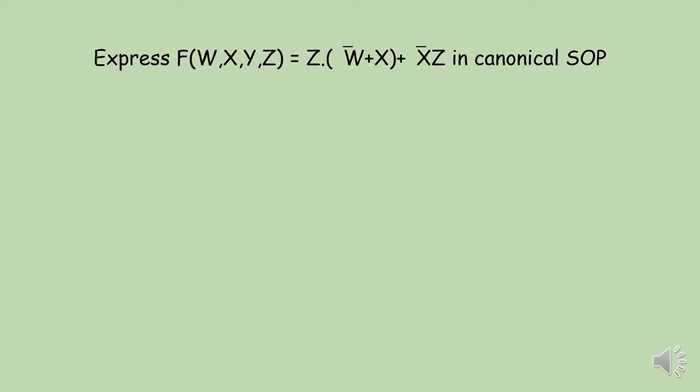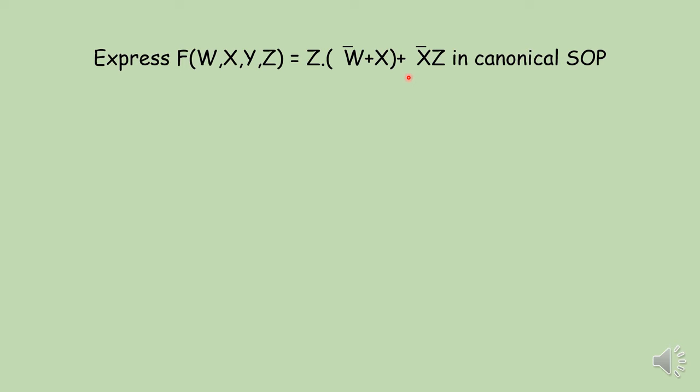Our second example is: express f, which is a function of w, x, y, z, equal to z dot w bar plus x bar z, in canonical SOP. So, it is a non-canonical form. Why is it a non-canonical form?